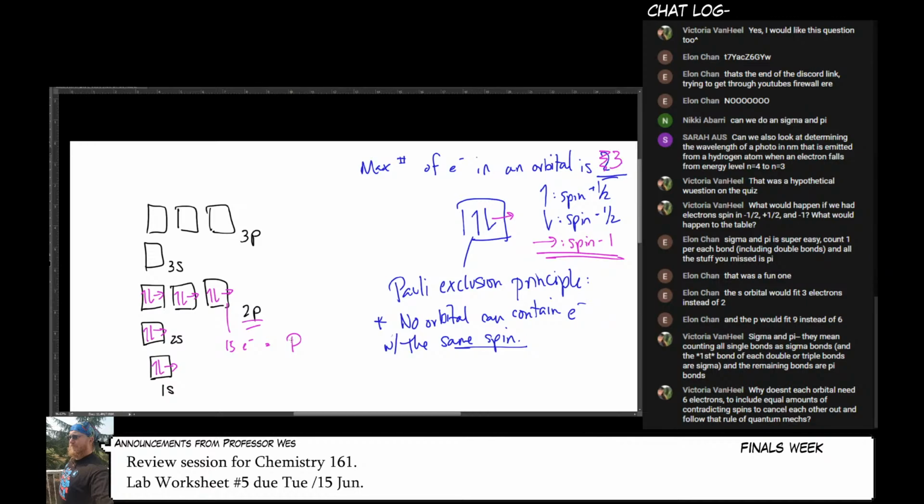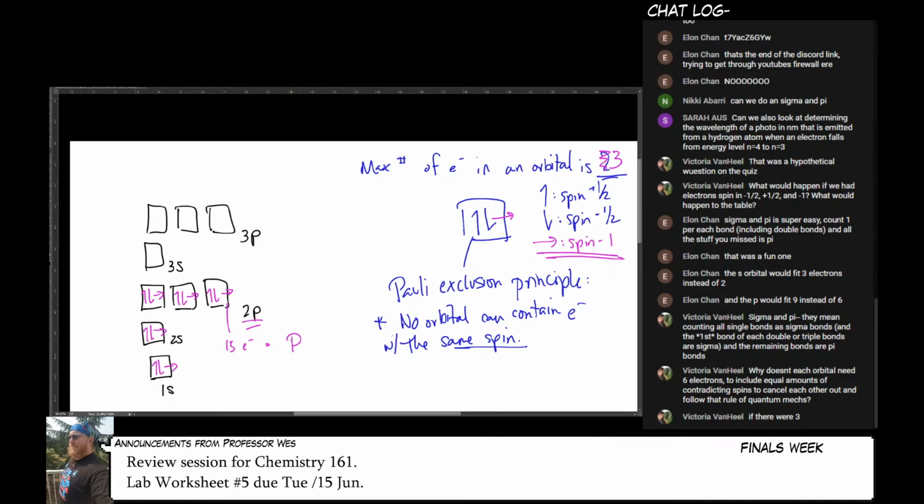Why doesn't each orbital need 6 electrons? Well, you only need 2 because there are just 2 spins. There's up and down. Or do you mean in this special case? In this case, for all your s orbitals, you would need 3 instead of 2.